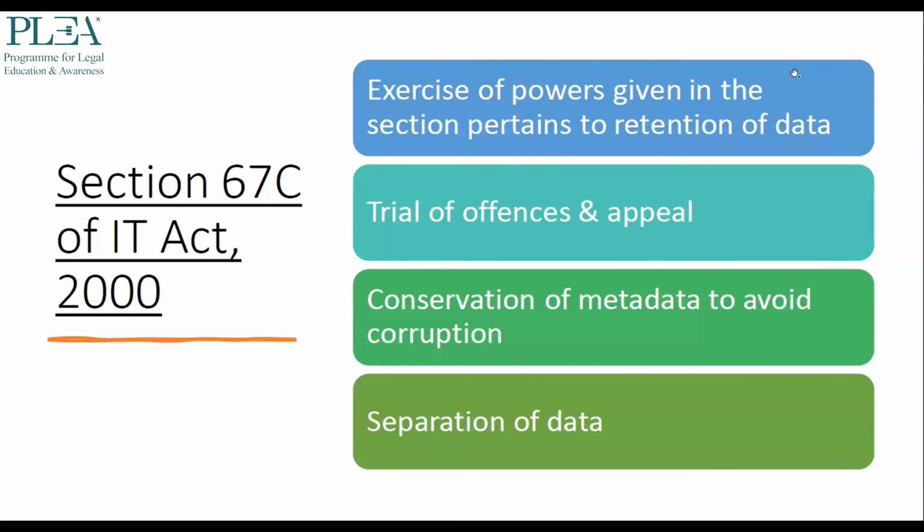Now, your data gets corrupted sometimes, suddenly. Suddenly you say, oh, my laptop is not functioning, something has gone wrong. So, you know, metadata is something that gives you information about other data. For example, there are these keywords. You type in section 67C of IT Act in Google and you get a list of links. So what is it that you type? It is a keyword.